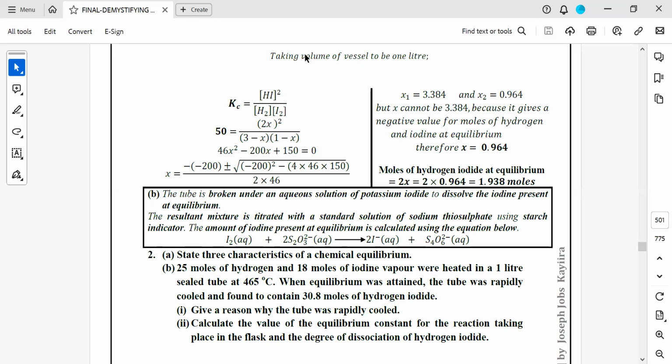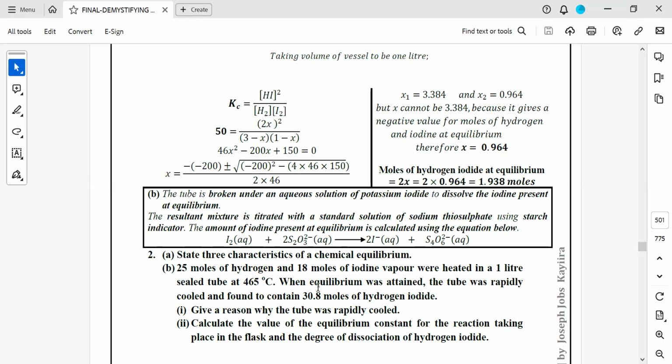So that means you have to carry it out in a closed system so that the outside factors do not affect the rate of reaction. And then also we say the rate of forward reaction should be equal to the rate of the backward reaction. That is why we have them as reversible reactions so that we can establish the equilibrium. Please always remember those characteristics that will help you work well with these calculations.